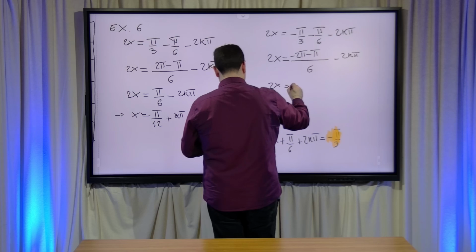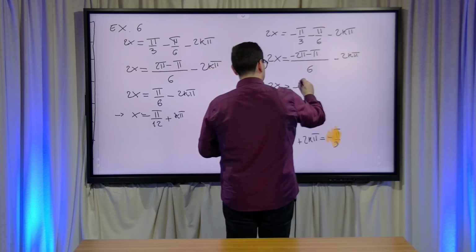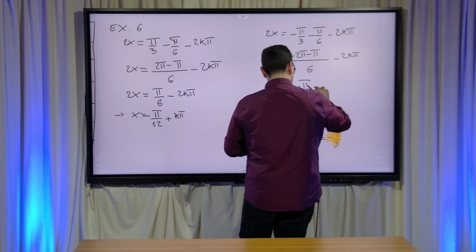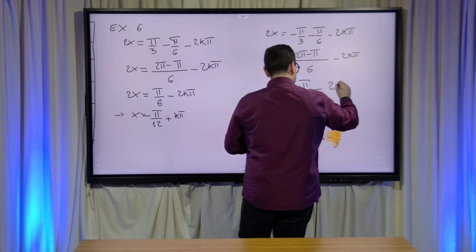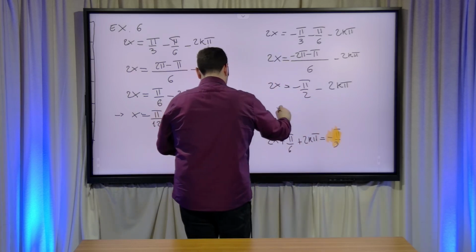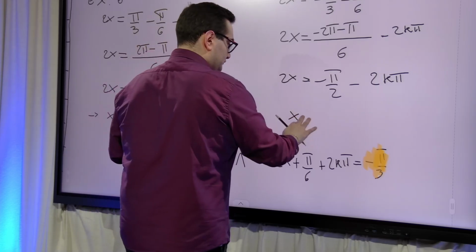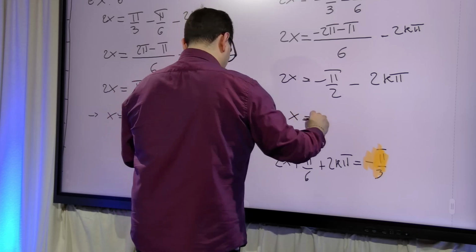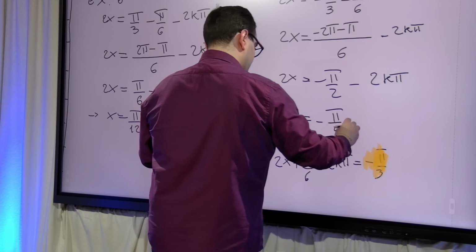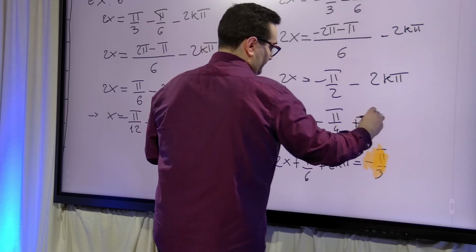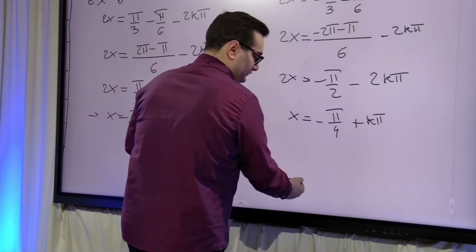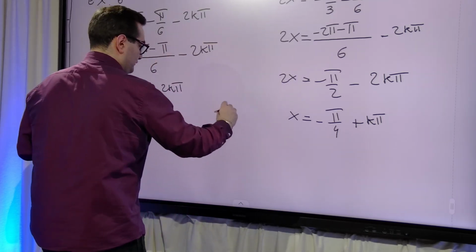And again, from this one I can get x is equal to minus pi over 4 plus k pi. And this is the solution of the second one.